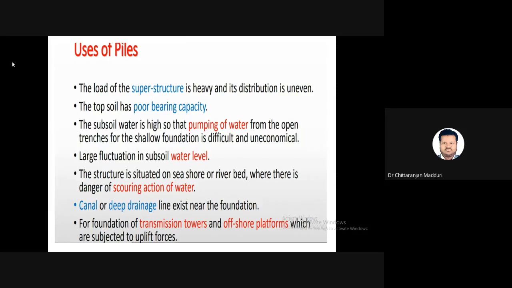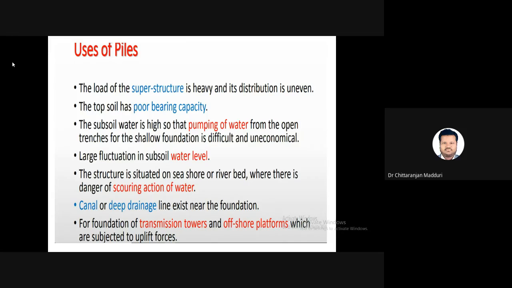In the case of waterfront structures, we cannot go for shallow foundations or raft foundations, so we need to go for pile foundations. Another situation is when a canal or deep drainage line exists near the foundation. Shallow foundations are not suitable because they will be submerged in water. That's why we need to go for pile foundations.